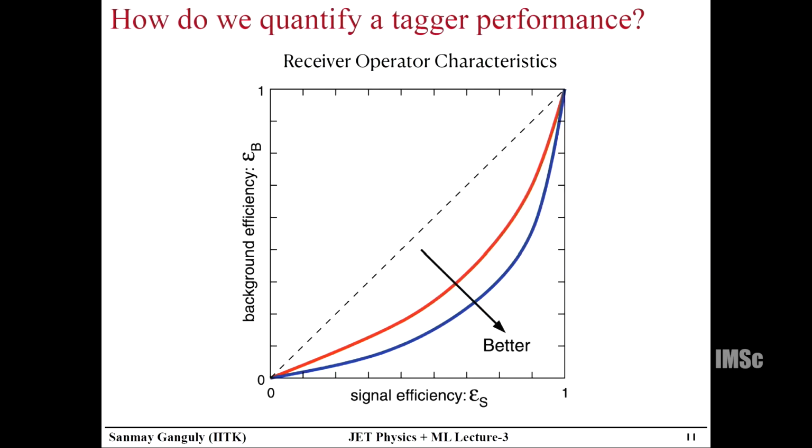Now, another concept we need to keep in mind while evaluating the performance of the taggers is something called receiver operator characteristics, or the ROC curve. So the ROC curve says that if you define a filter, a cut, some background will pass that cut.